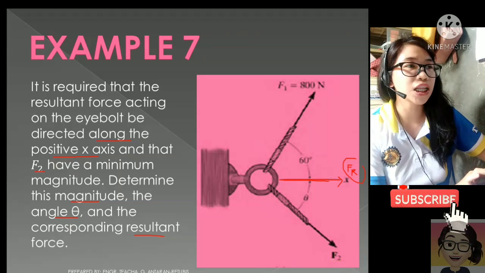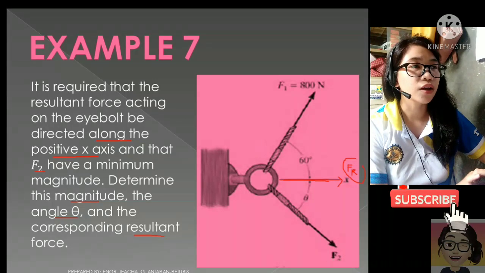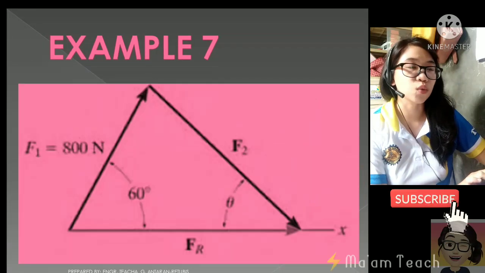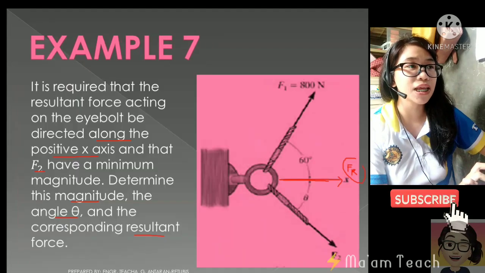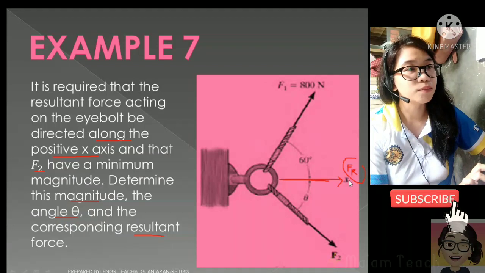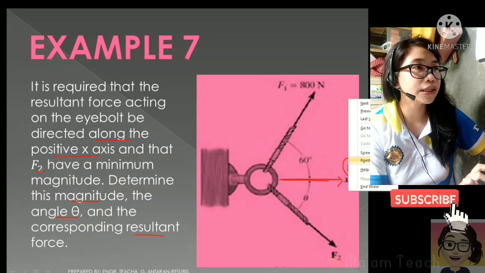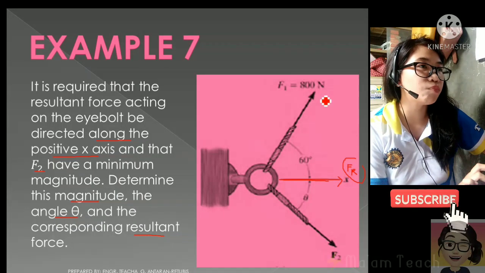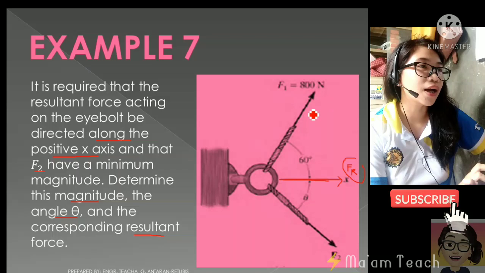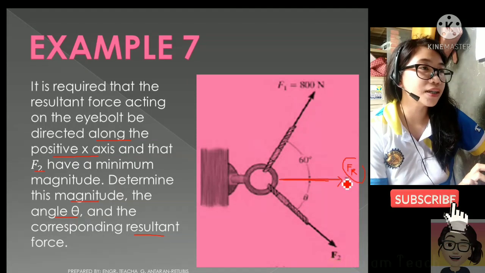Okay, so if we isolate the figure, we'll have this one. Take note that this triangle was taken from the parallelogram drawn here. This is how to draw the parallelogram. So you'll have to make a parallel line here.